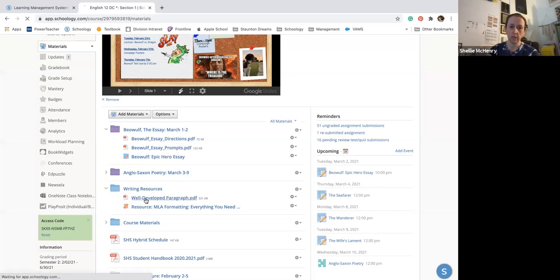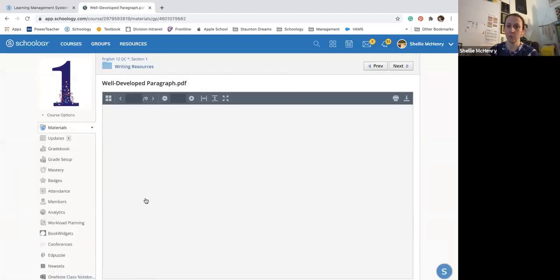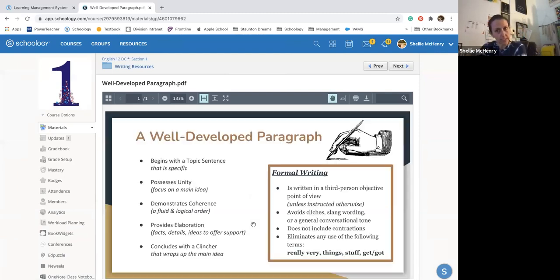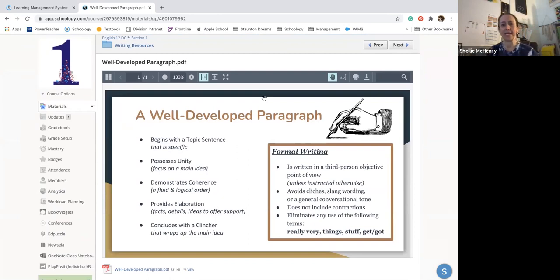So right here is something that we unfortunately, apparently need to visit. This is a slide that I begin 10th grade English with. So all but a very few of you would have seen it, although it would have looked a little different back then. But we've forgotten some of these things.